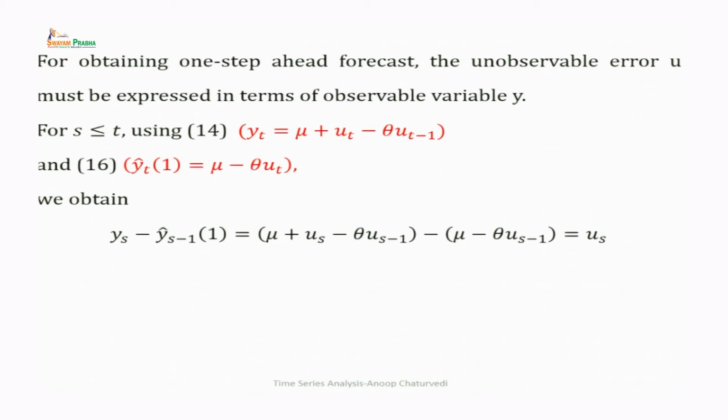Now, for s less than or equal to t, using equation 14 and equation 16, we obtain y s minus y hat s minus 1 is equal to mu plus u s minus theta u s minus 1, minus mu minus theta u s minus 1, which is equal to u s.